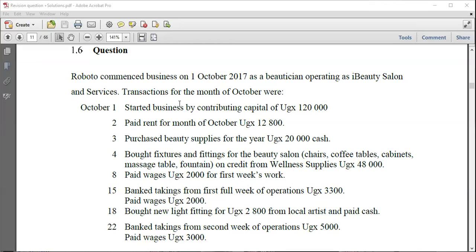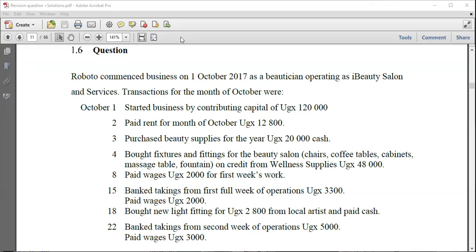So we have rent, and then we have cash of 12,800, because they paid for the month of October. It is presumed that they paid by cash, because we've not had anything to do with bank here, and of course from the capital they contributed, because that's the only money they have. So we have the rent account, and then the cash account.